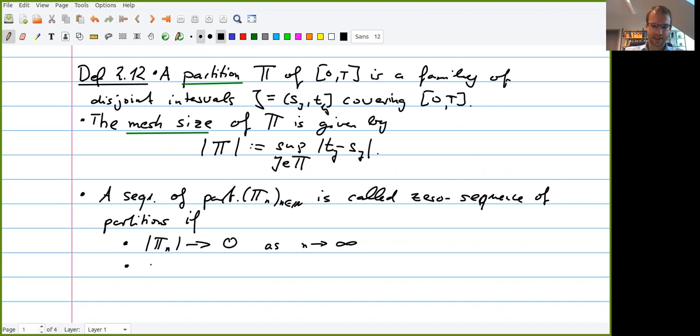The second thing is we want that these partitions are ordered. So they're refining. So this means if you take a subinterval from the nth partition, it is also in every further partition.